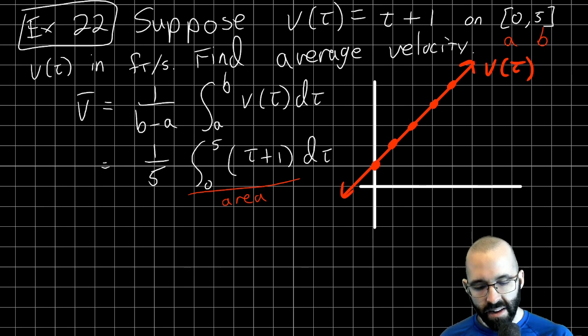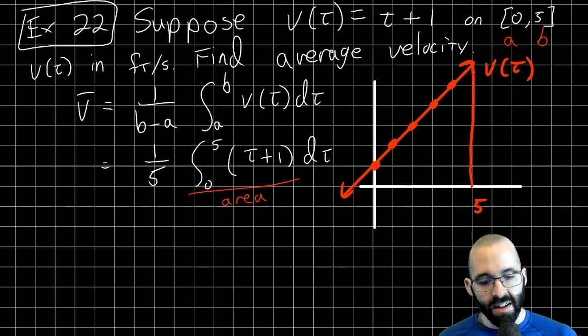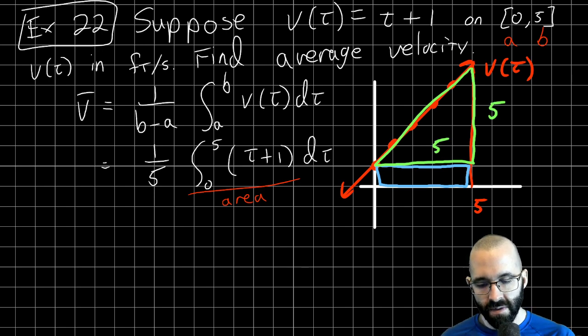Well, the area, we can find that no problem. Oh, 5 is over here, guys. The area, careful, it's not a triangle. Haven't done a lot of this in this class yet. Not a triangle, actually. Right? It's a rectangle plus a triangle. Triangle is 5 by 5.